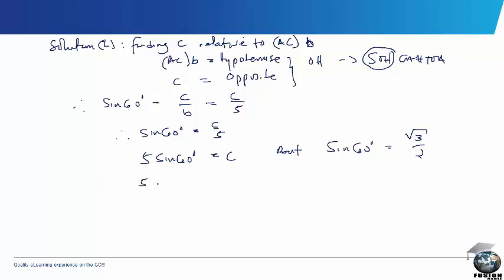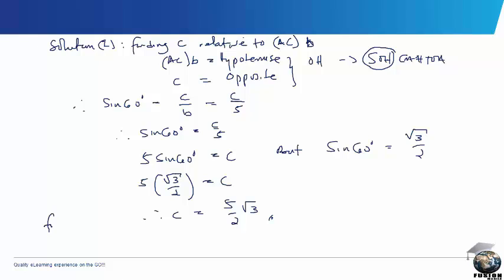So you can say 5 times root 3 over 2 is equal to C. Fine. And so we can say that therefore C is equal to 5 root 3 over 2. Okay, so when you are given special angles, it's sometimes better to leave your answers in the form of special angles so that you don't make mistakes. Because if you go into decimals, you might not see a decimal option as the answer to your computation, so always leave in fractions.